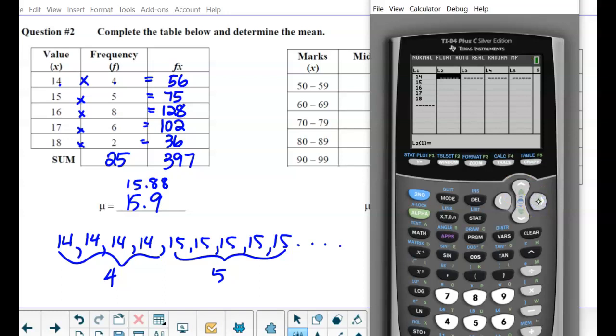Maybe you have to go up and to the right. So go up to a data value, but arrow to the right, and enter the frequencies that match. So there were 4 for 14, 5 for 15, 8 for 16, 6 for 17, and 2 for 18. If you have more in one column than the other, then you've messed something up.